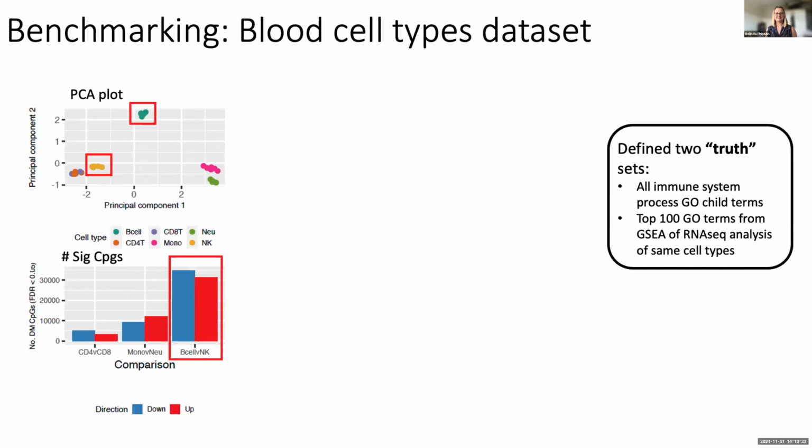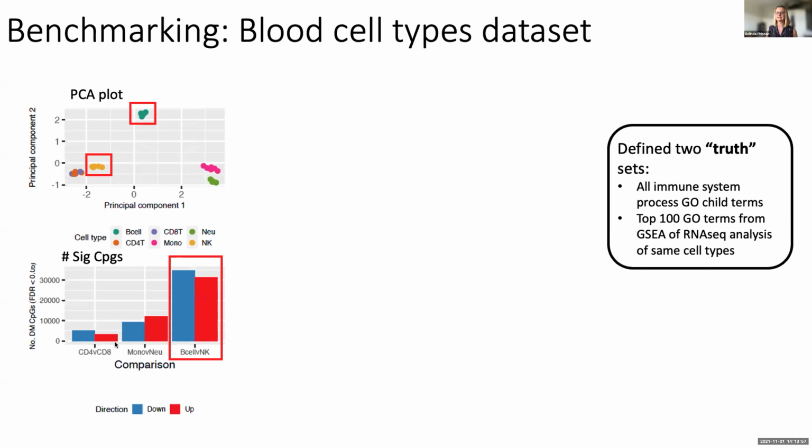So we had analyzed some null data, and then we also wanted to see how these methods worked on a data set with real methylation differences. Jovana found this nice blood cell types data set where we've got 6 different blood cell types, and we did a differential methylation analysis of 3 different independent comparisons.